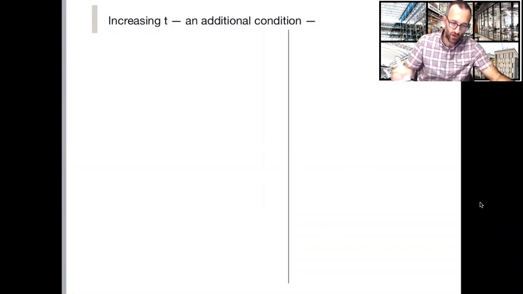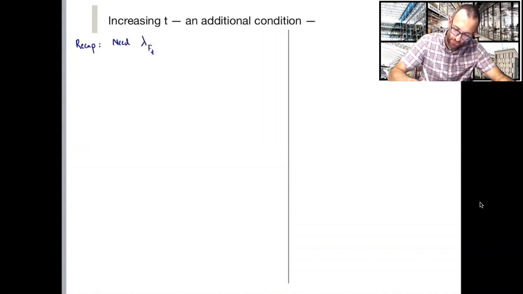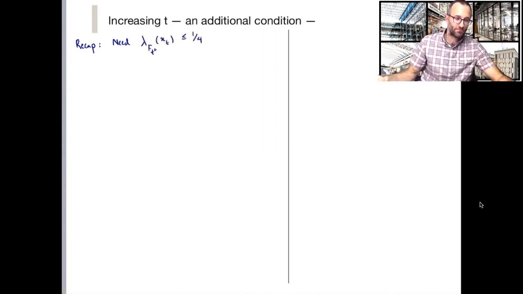So what do we have so far? Our recap is that we need lambda ft plus of xt to be less than 1/4.